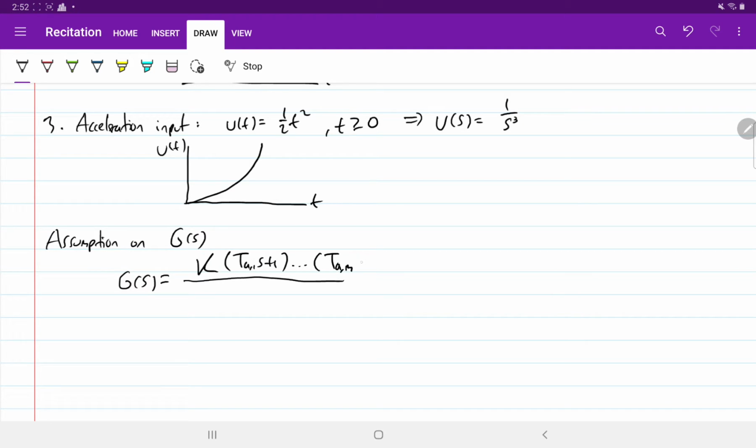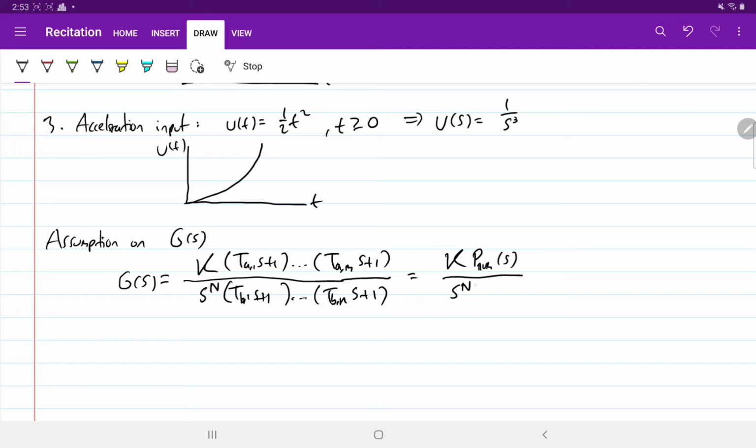On the numerator there is a polynomial of degree m, say k times p numerator. And on the denominator we have s, the Laplace variable, to the n, and also some polynomial with degree n.